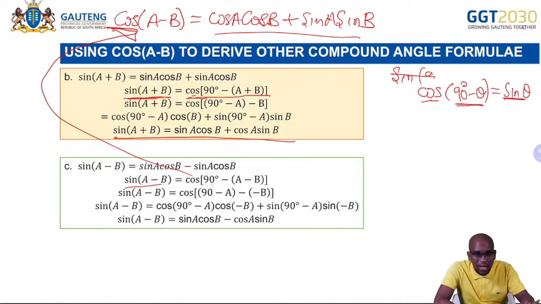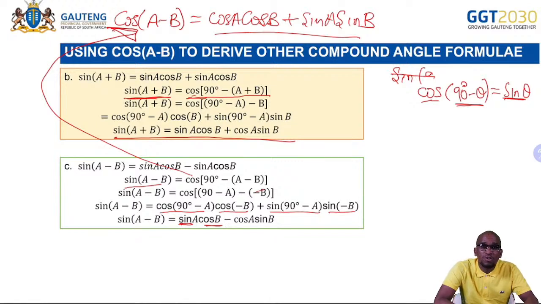Now obviously we say sine of 90 minus, then we manipulate this such that this should be a negative sign, and then we expand the cos of 90 minus A, the cos of negative B, and then the sine of 90 minus A, the sine of negative B. Cos 90 minus A changes to sine A, and then cos negative B remains positive cos B, because cosine is positive in the fourth quadrant, and then the sine becomes the cosine, and then the sine of negative B becomes negative sine B. That is why the sign is now negative as opposed to being positive, like that.